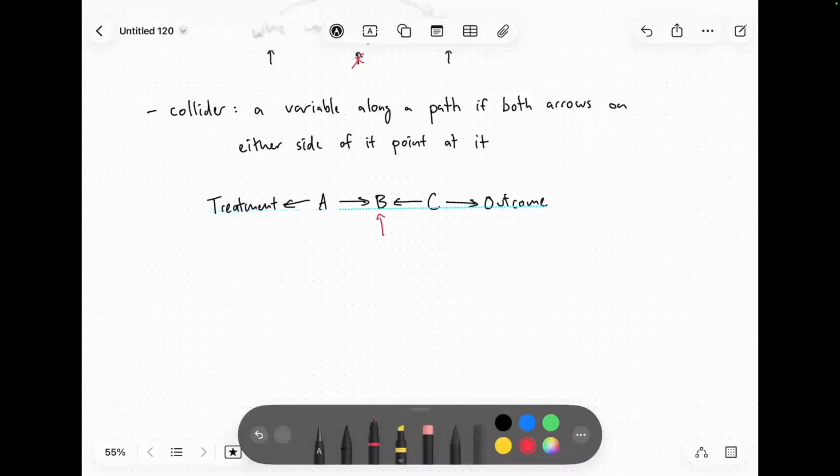B is the collider. You have two arrows going into it, one on each side. And importantly, it's closed by default.